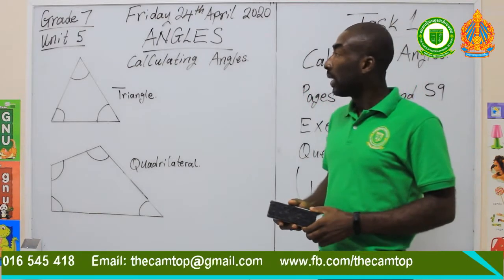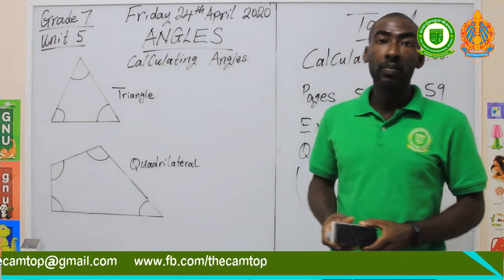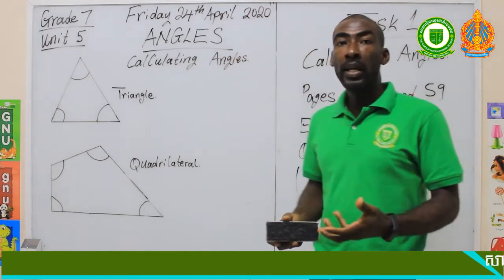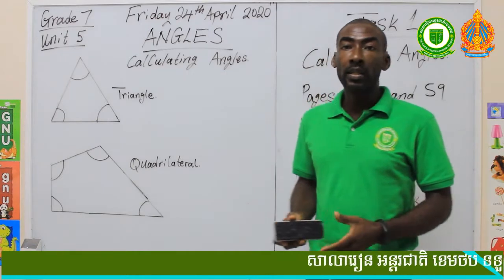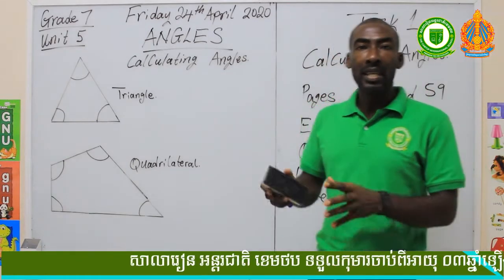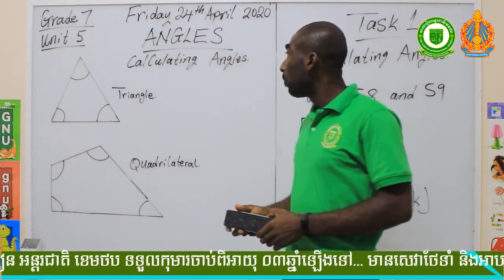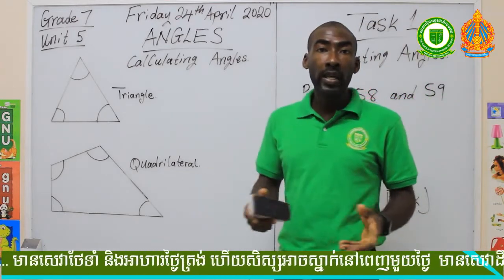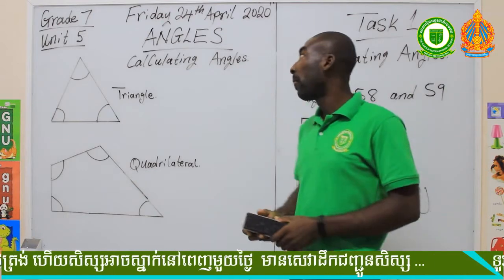An angle of a circle is 360 degrees. An acute angle is less than 90 degrees, and an obtuse angle is more than 90 degrees.